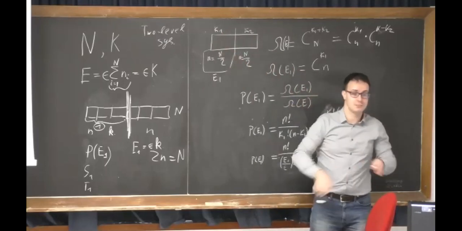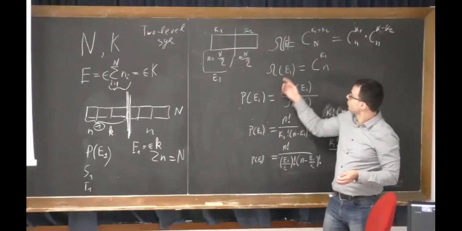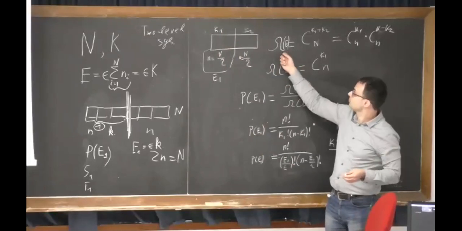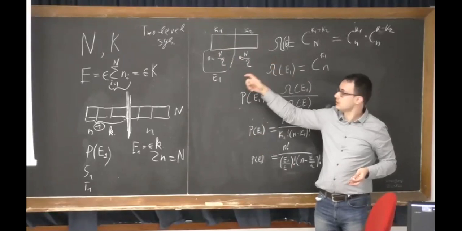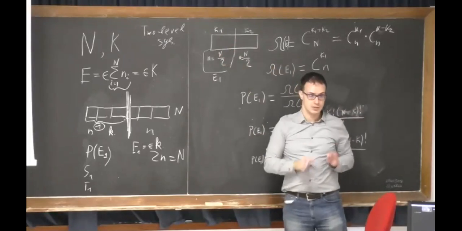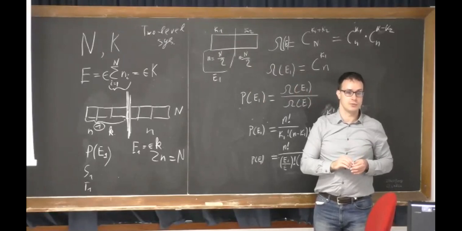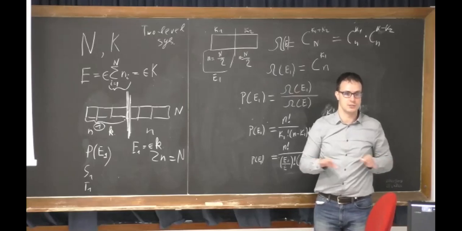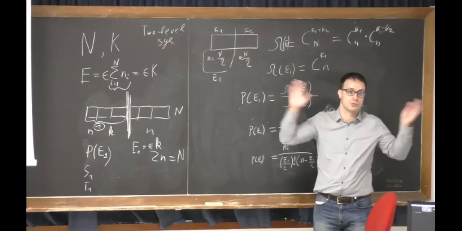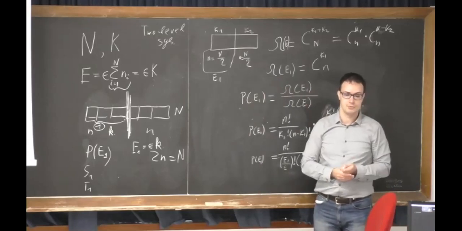The whole system still lives on its own, and therefore the total number of configurations in the supersystem will be this. But we're interested just in this particular value of energy in the first system, and how many ways we can combine excitations in the first subsystem to get this value of energy. It's just a fraction of the total number.